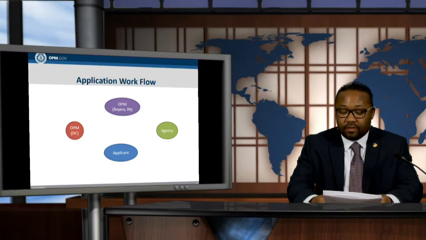Third, the case is sent to OPM DC. At that time, we review the case file to determine whether or not the applicant meets the criteria for disability retirement. And last step is once a decision is made, the applicant and the agency will be notified of OPM's decision.